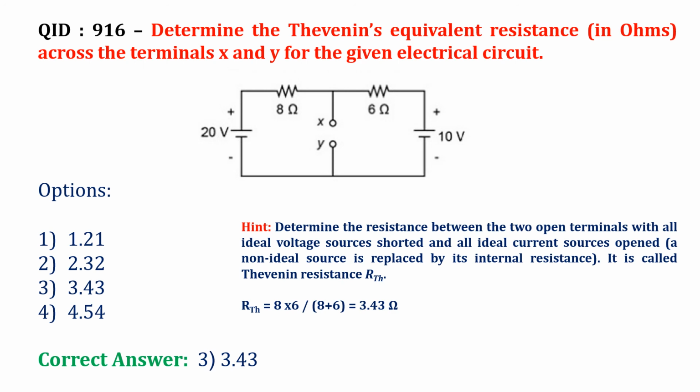Finding the total resistance with respect to terminals X and Y, the equivalent resistance is 8 into 6 divided by 8 plus 6, which is equal to 3.43 ohms. So option 3 is correct, 3.43 ohms. Like that, you have to find the Thevenin's resistance.